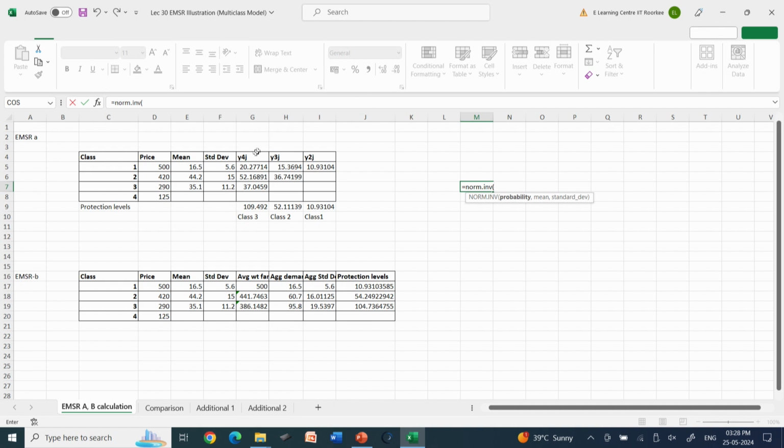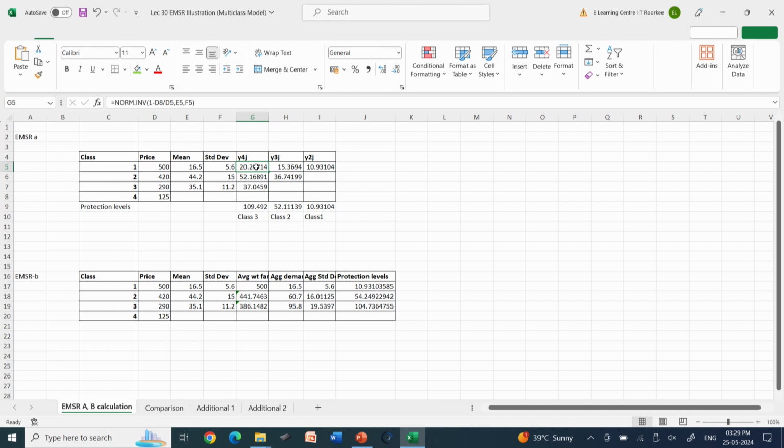So, the probability in this case is 1 minus the price of the base label divided by the price of the class for which we are calculating it. So, this is D8 by D5.